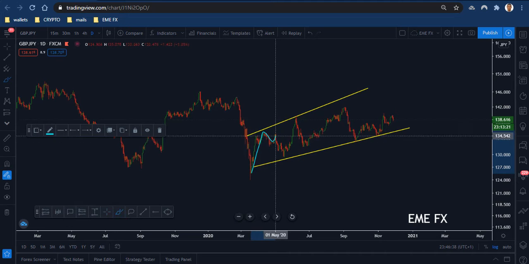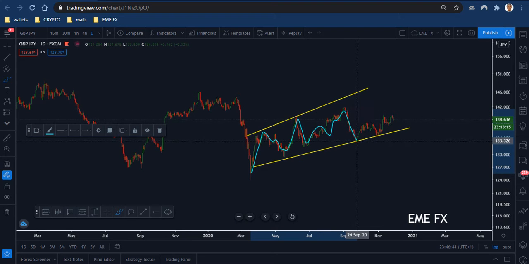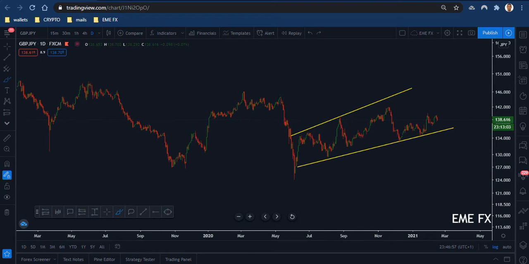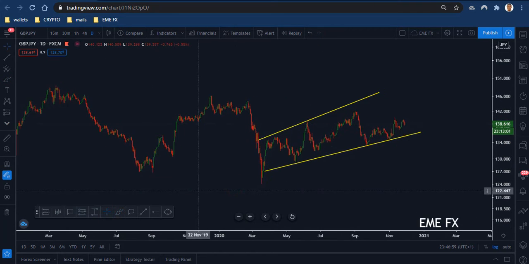How this impulse, how this correction, how this impulse down, it came down impulsively, and now the market is quietly creating this corrective price action. This is on the daily time frame. Let's drop down to the 4 hour.